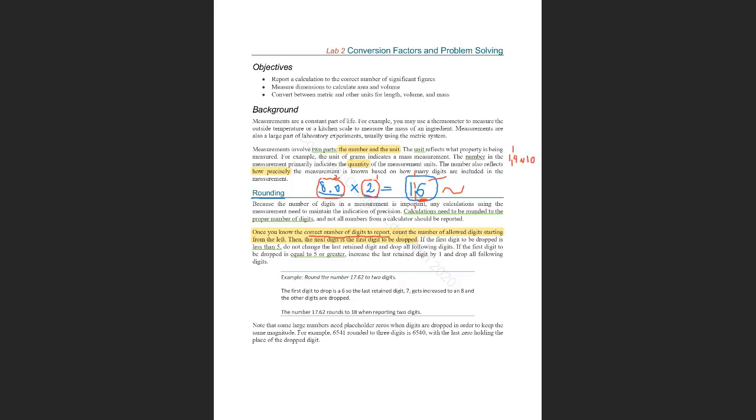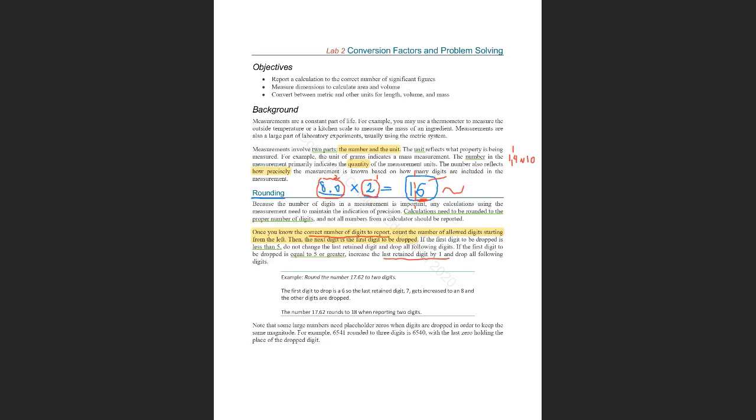If the first digit to be dropped is equal to 5 or greater, we increase the number. So we look at what the number is. We made a line, we need only one sig fig, and the next number is 6, which is 5 or greater, which means I have to increase the last retained digit by 1 and drop all the following digits.